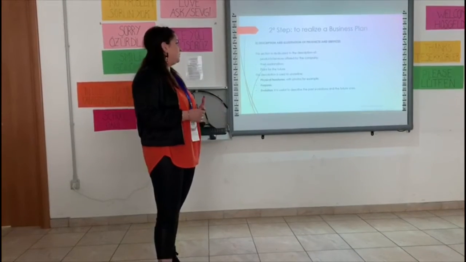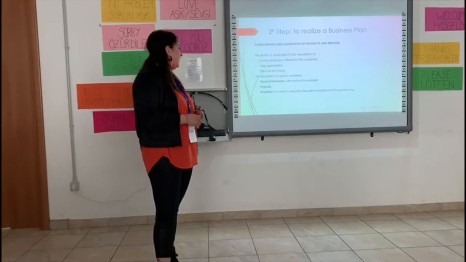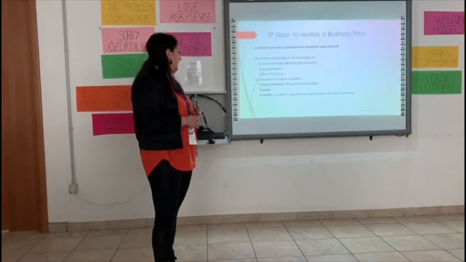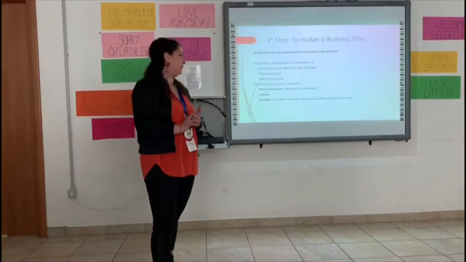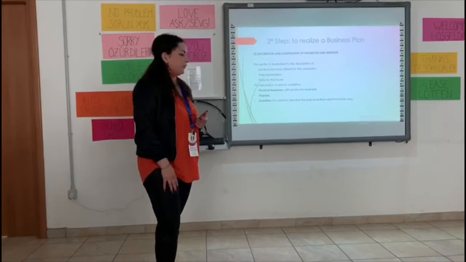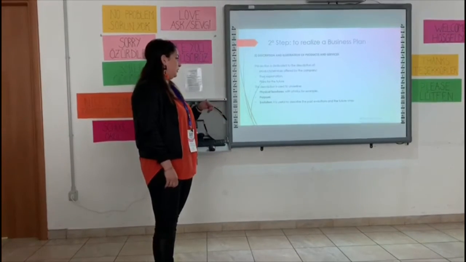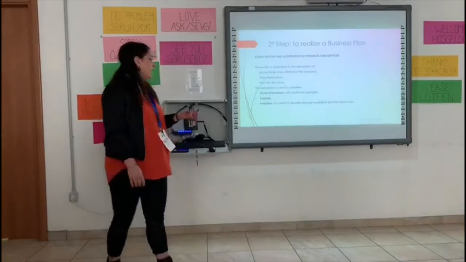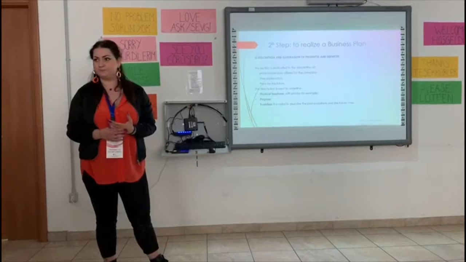Also the services offered by the company, their explanation, and plans for the future. This description is used to underline three points. Physical features, with photos, for example. Purpose and evolution. Evolution is useful to describe the past evolution and the future ones.